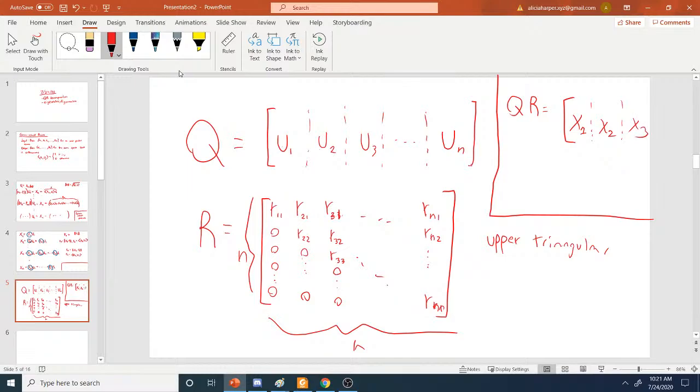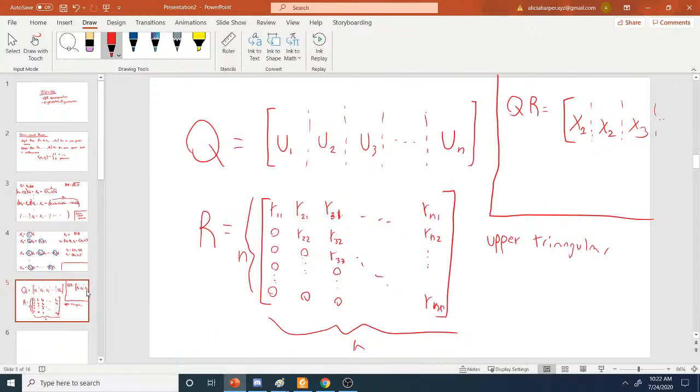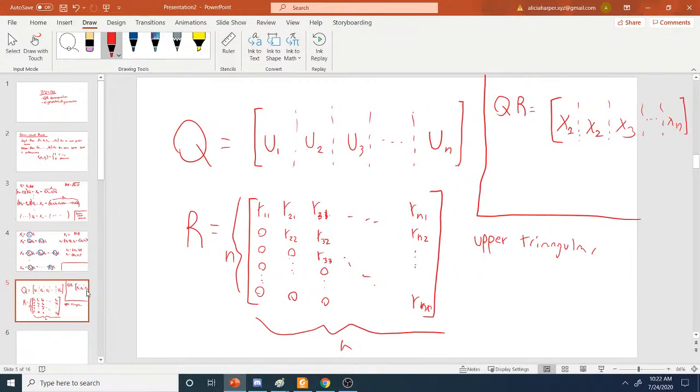So I put an x3 here because according to this expression, that's what the product of R33 with u3 plus R32 with u2 plus R31 with u1 gives. And so likewise, I just keep going, and eventually I get to xn. So this here is equal to X, where X is the matrix with column vectors drawn from our basis.